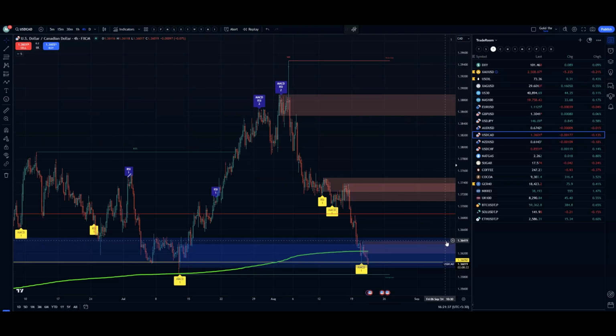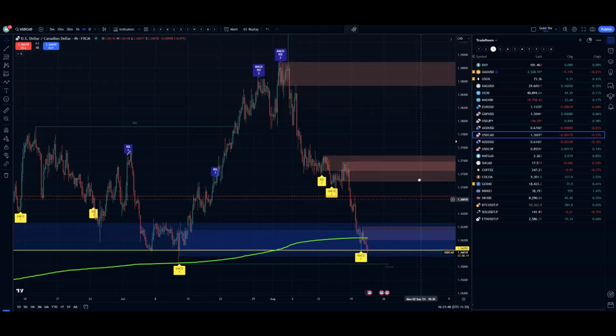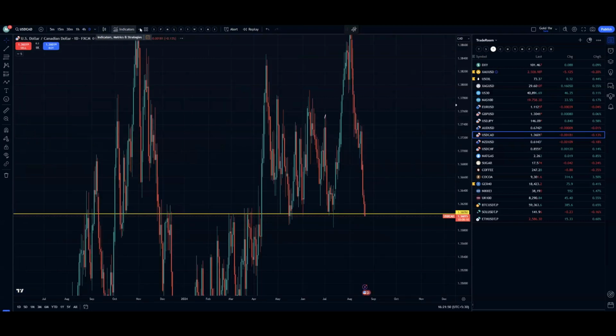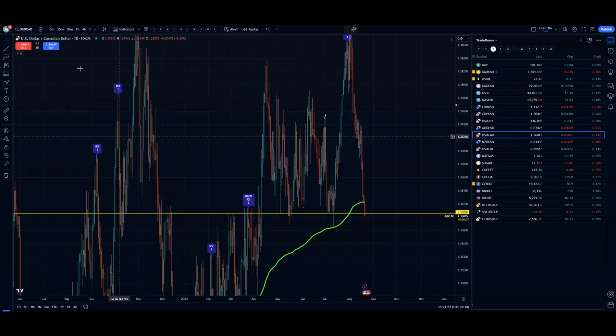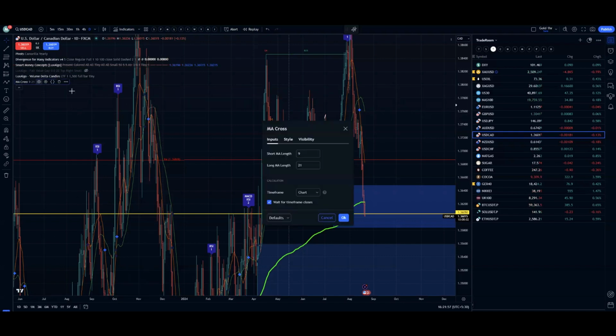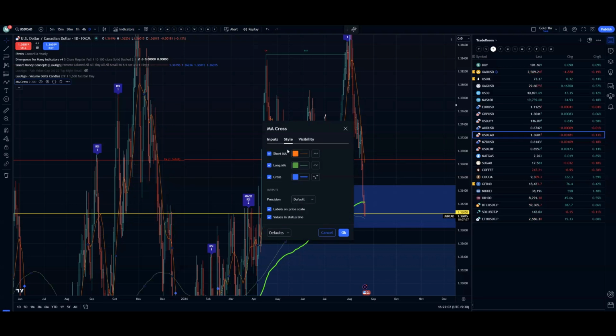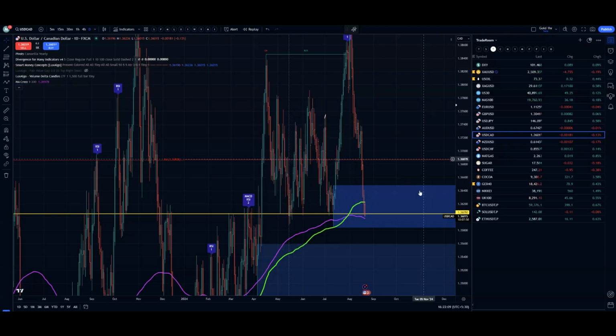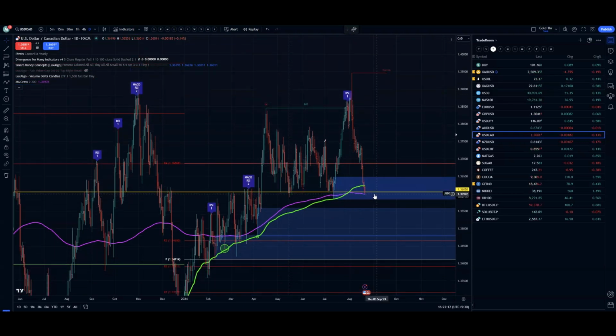USD CAD, after the upside yesterday, is again down and now targeting below 1.36. But if we look at the 200-day MA, it's just there, just below there.